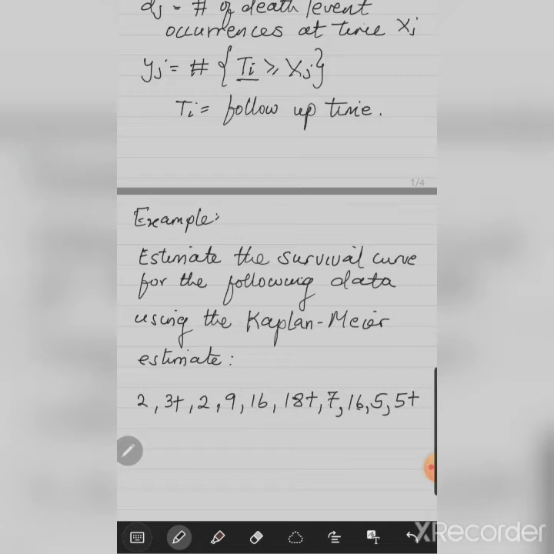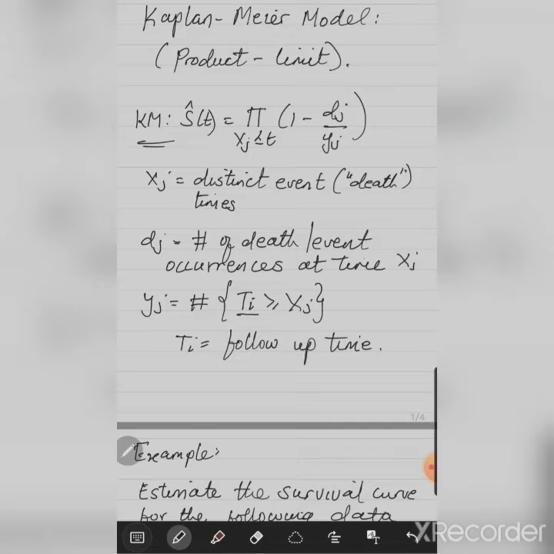The Kaplan-Meier estimate, an empirical estimate of the survival function at time t, is equal to the product over x_j less than or equal to t of 1 minus d_j over y_j. Here I define x_j as the distinct event times, or if you think of this as survival versus death, the distinct death times. d_j is the number of deaths or event occurrences at time x_j, and y_j is the number of follow-up times at least as big as x_j. So at time x_j, how many observations in your sample have survived at least up to that time or past that time.